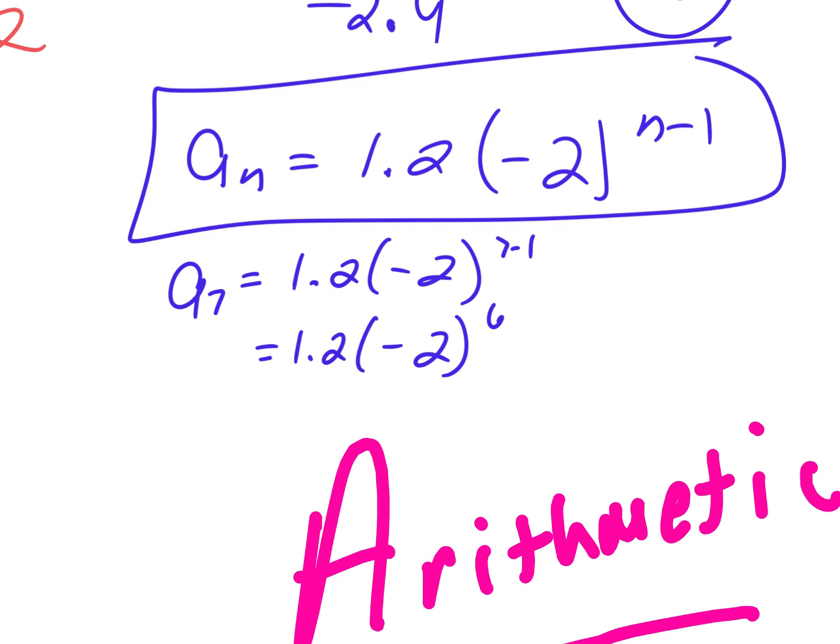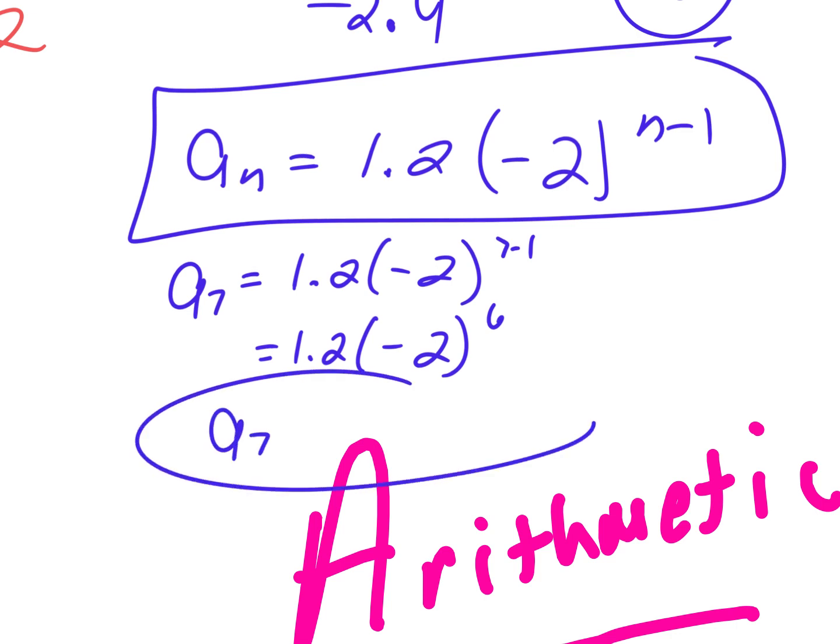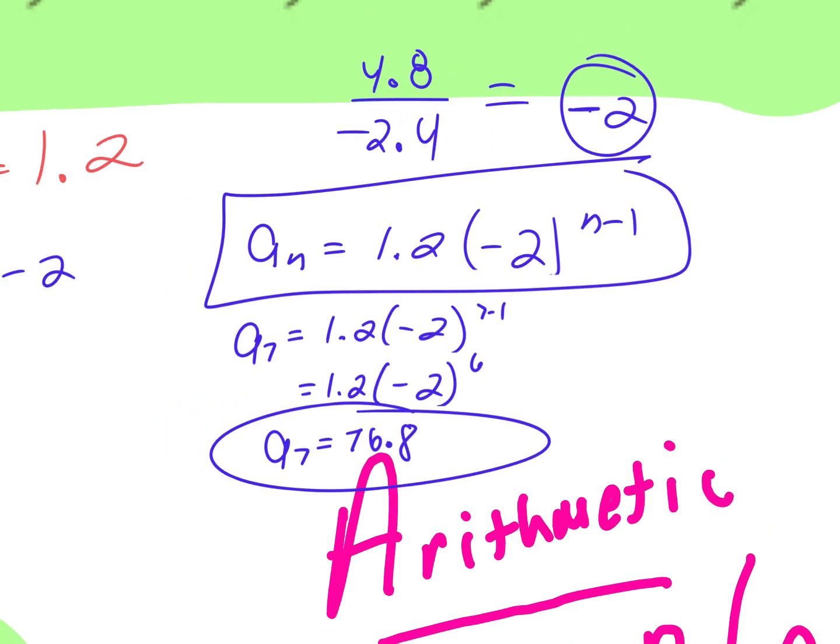Guys, a negative number raised to an even power is gonna give you what kind of an answer? Positive or negative? Positive. Good. So if your calculator tells you negative, you need to make sure you're putting it in right. But 1.2 times -2 to the 6th power gives you 76.8. You are correct, sir. Good.